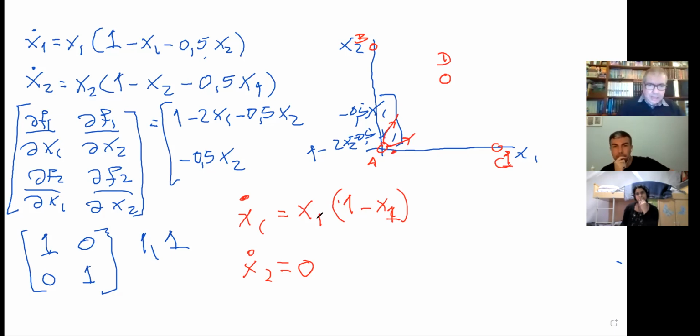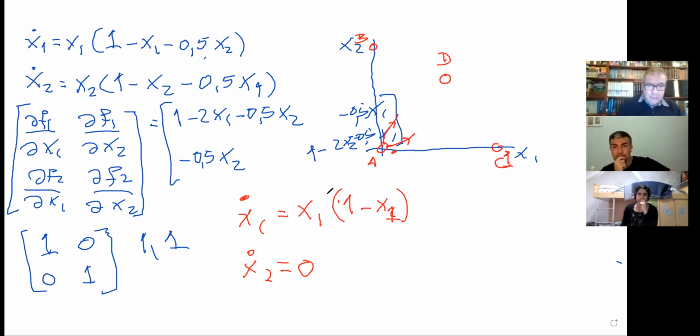Is x1 positive or negative here? Positive, no? Okay, to the right.